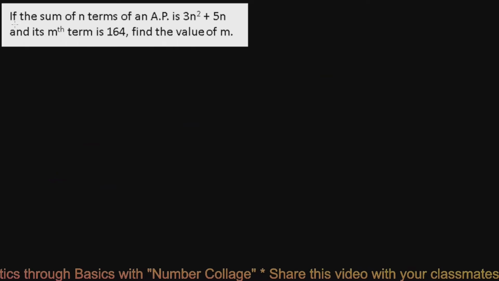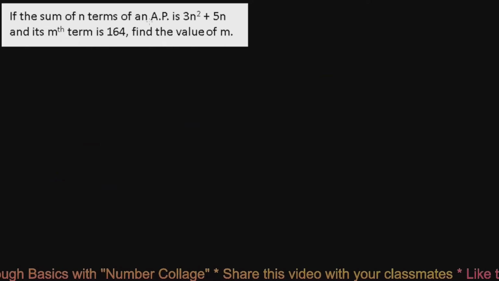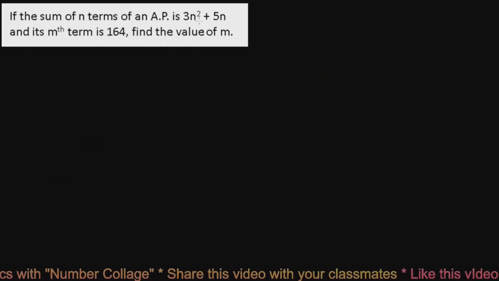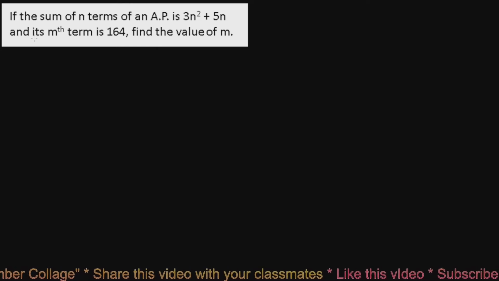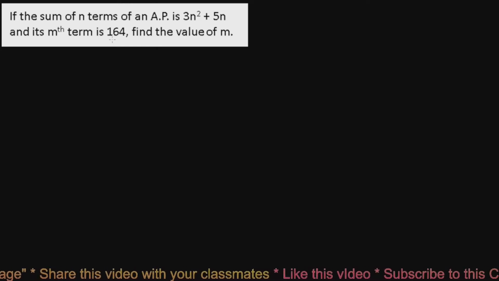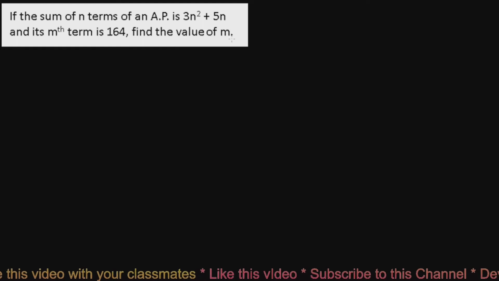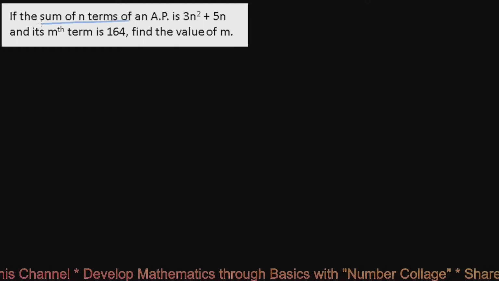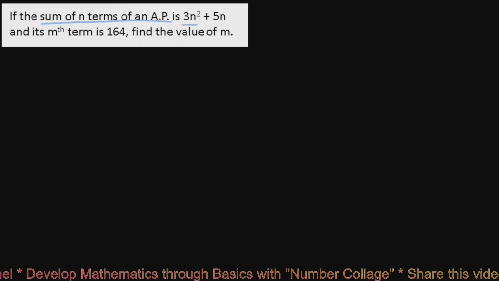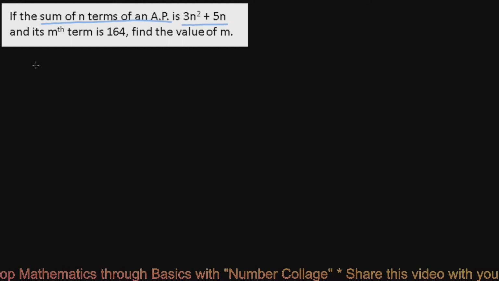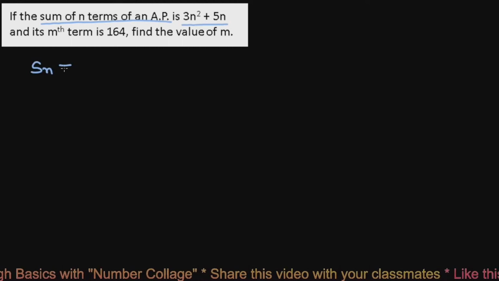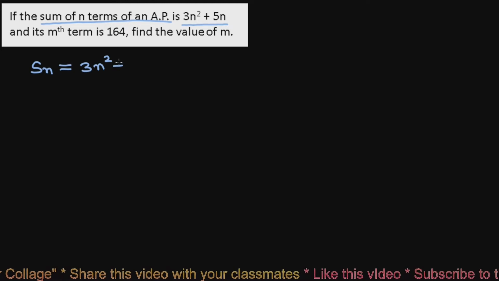Next problem, if the sum of n terms of an AP is 3n square plus 5n and its mth term is 164, we have to find the value of m. Sum of n terms of AP is 3n square plus 5n. This we write as Sn equals 3n square plus 5n.